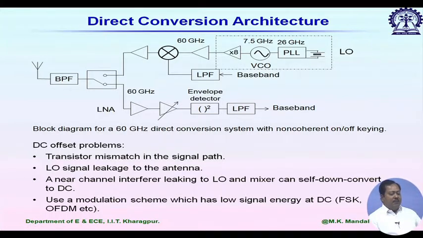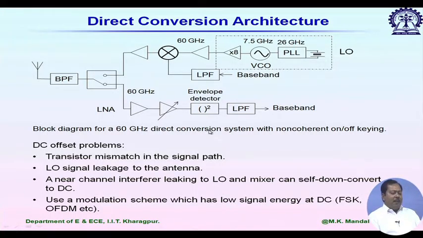So, it will self down convert to a DC component, this leakage. Similarly, we may have near channel interferer leaking, and that can also self down convert to DC. So, we have a DC offset due to that.